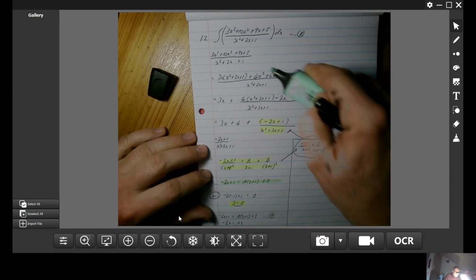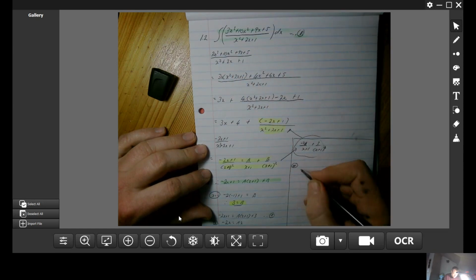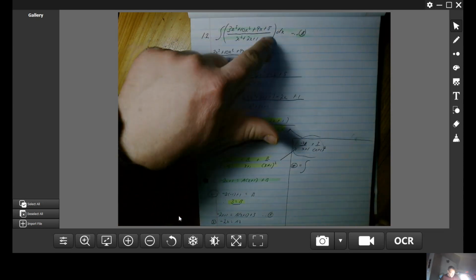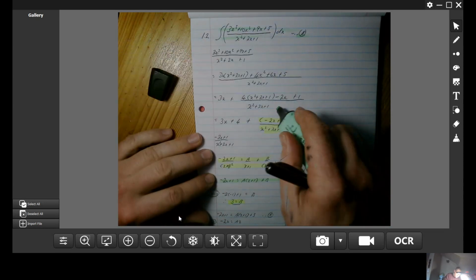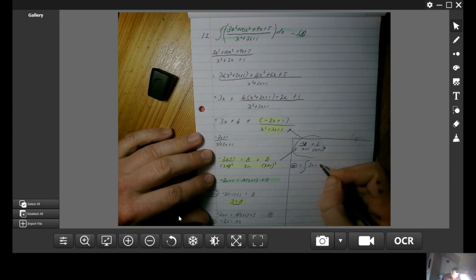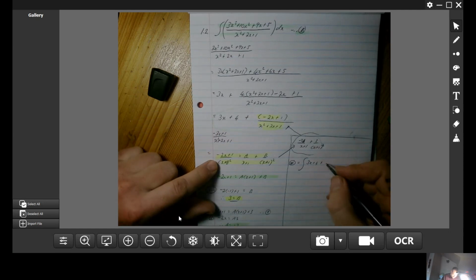Okay, so this sum over here, that star bit over there, I just use a star. So that's going to become the integral. Well, that whole sum simplifies to this whole thing over here. So it'll become 3x plus 4 plus negative 2x plus 1 over x squared plus x plus 1 became negative 2.